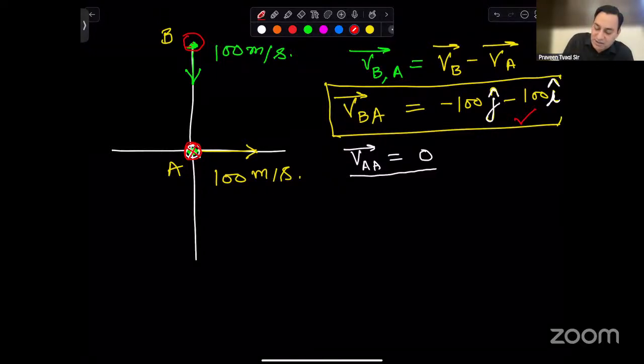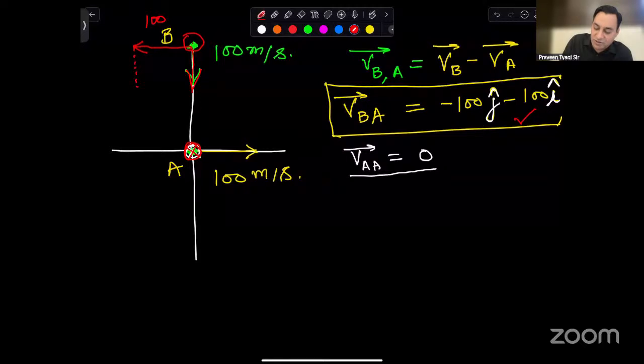So minus 100 I cap, that means in this direction it'll have 100 meter per second, and in this direction it'll have 100 meter per second. If you find the resultant of these two, B will be appearing to move to A in this direction. This will be the direction in which he will find that B is moving.